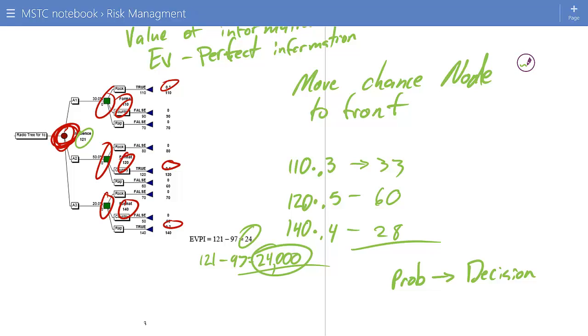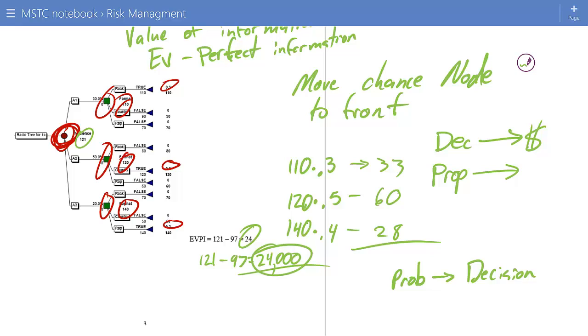An interesting thing to think about is, in one perspective, you're making a decision, and then you're hoping to make some money. In this position, you're saying, based on what my highest probabilities are, you make a decision. You know the probabilities.